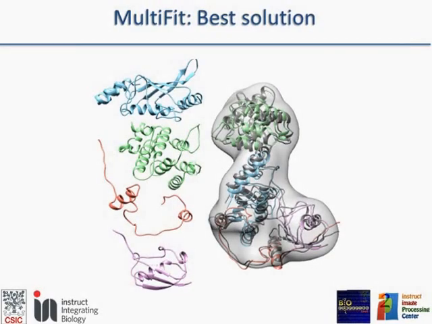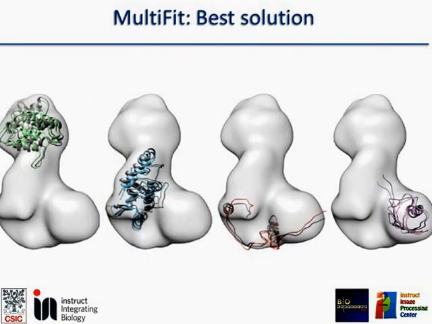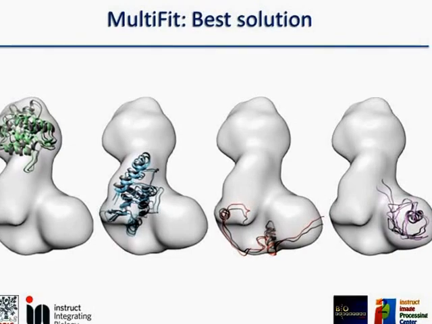In gray we can see the native structure obtained by X-ray crystallography, and I have colored the solution, instead of yellow, with the respective color of the subunits. This figure maybe is a bit messy, but if we compare chain by chain, we can see that MultiFit is producing a very nice result for this case.